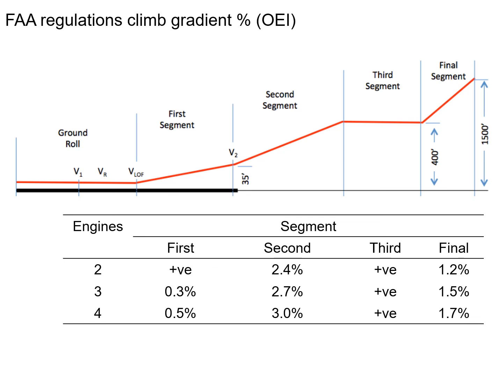And here is the one engine inoperative case. These are the FAA regulations for climb gradient with one engine inoperative. You can see there are some requirements for the climb gradient, and I'm not just reading through these numbers, but you can generally see the climb gradient is quite small usually.